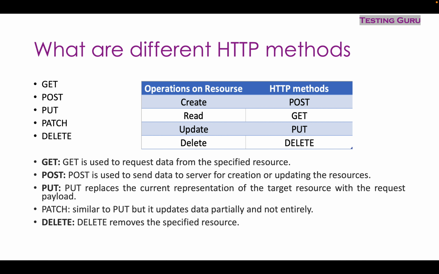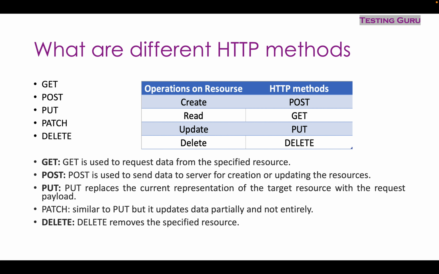It's also called updating partially and not entirely. So it is similar to put, but the only difference is that we update only the specific data in the patch, but in the put we update the entire row of that particular record. So that's what the put is.